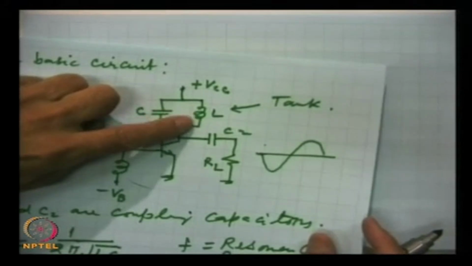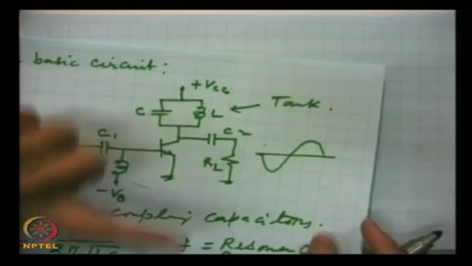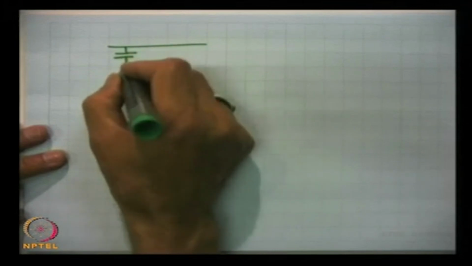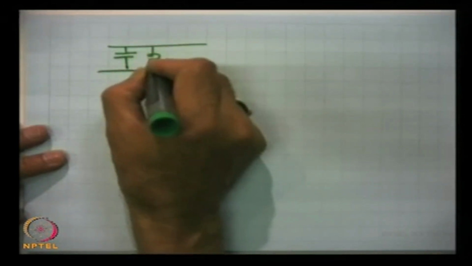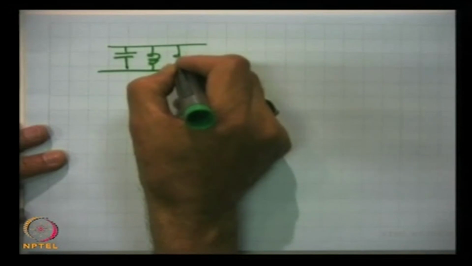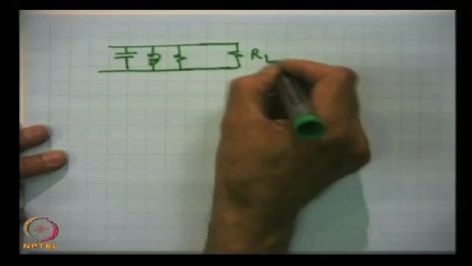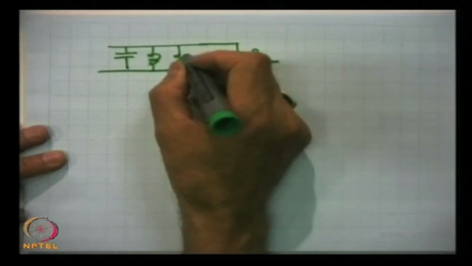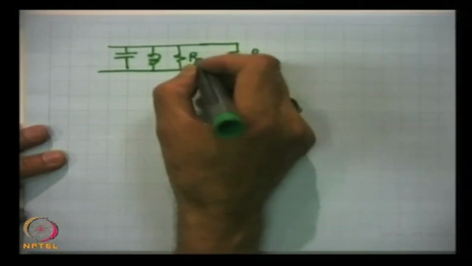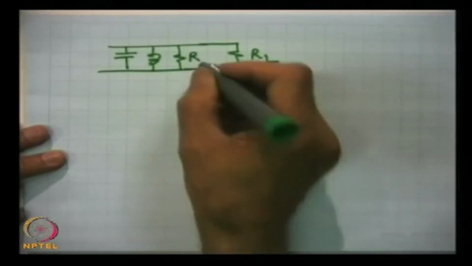In this circuit, when the series DC resistance is replaced by its AC equivalent, the circuit will become this: this is RL, and this is the R which is the parallel equivalent.